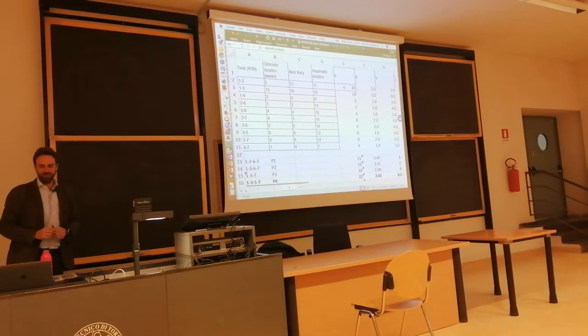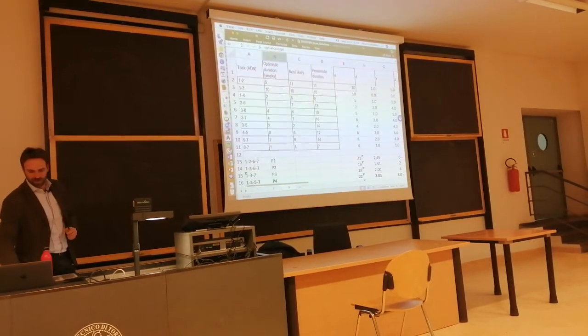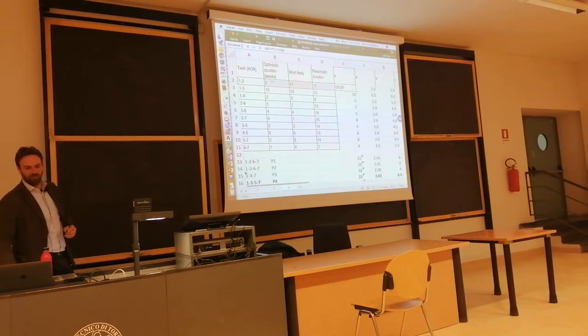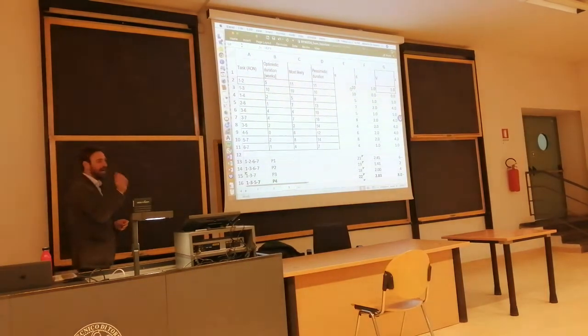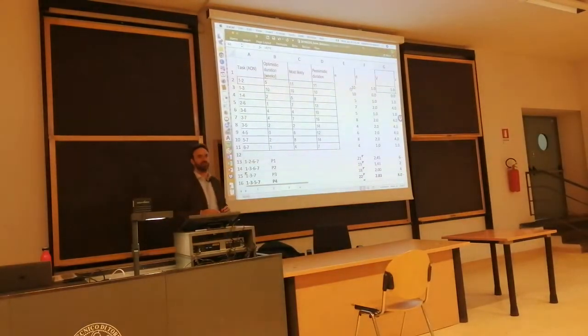Expected duration is calculated as 5 plus 4 times 11 plus 11 divided by 6, which equals 10. Standard deviation 1. Variance equals the square of the standard deviation.